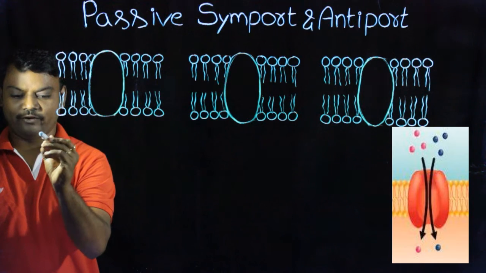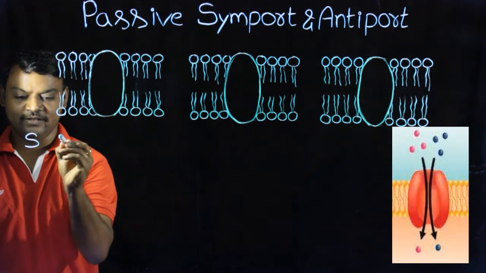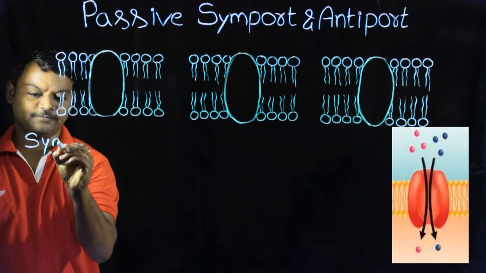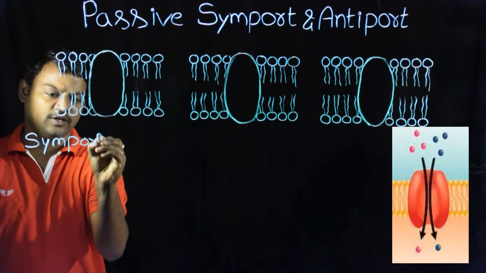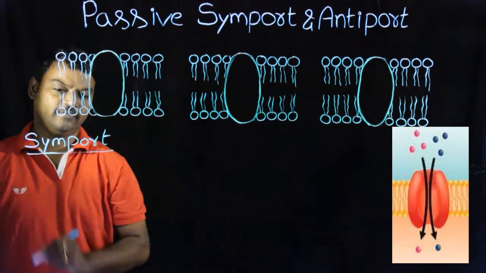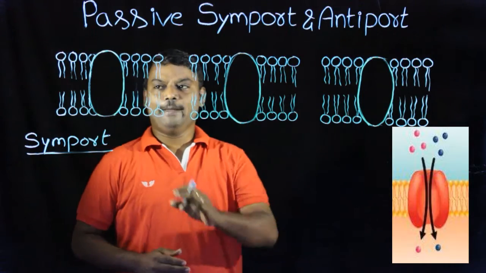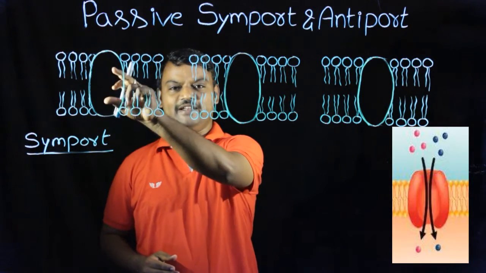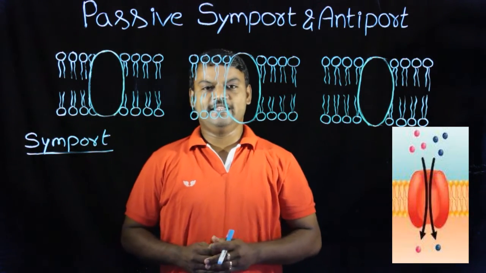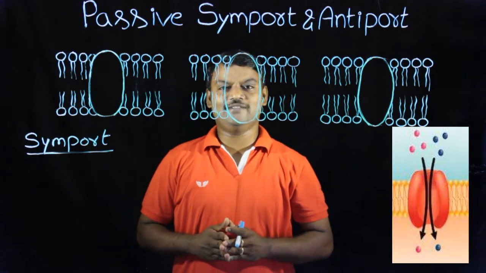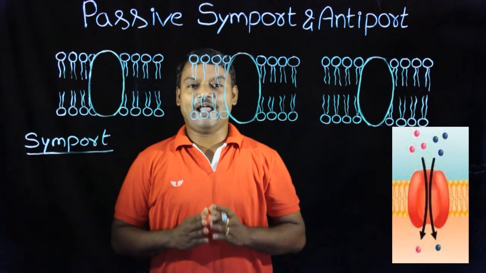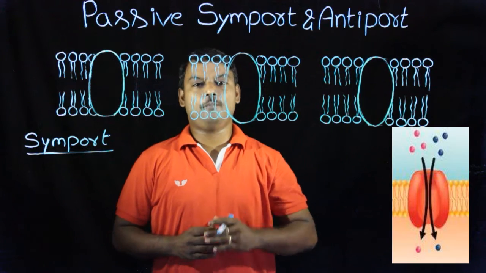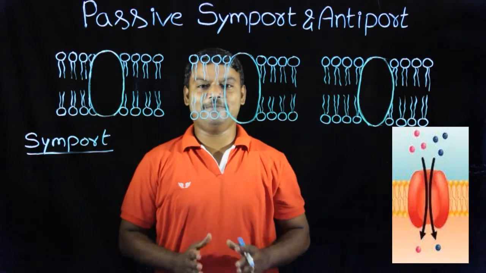In Symport, the membrane proteins present in the plasma membrane are capable of transporting two types of molecules in the same direction.